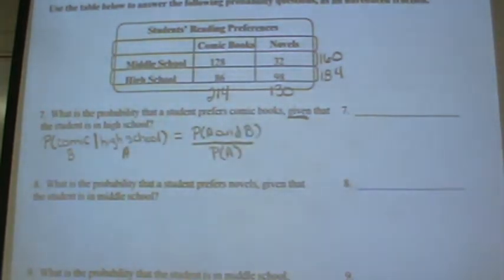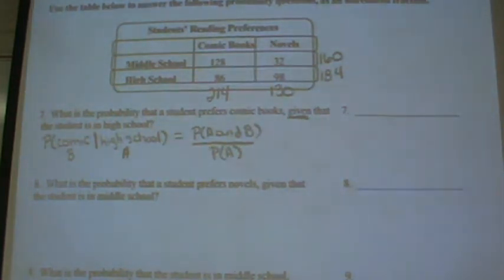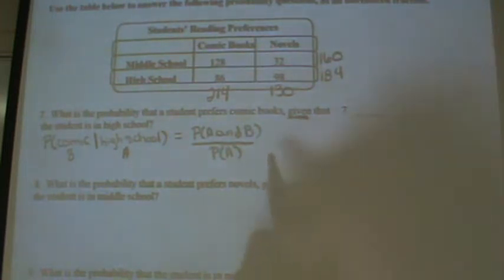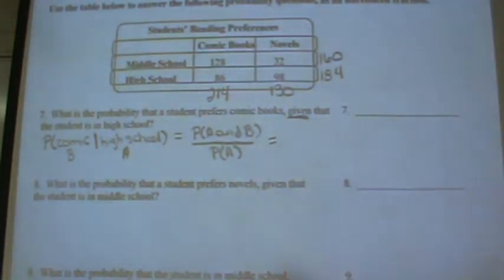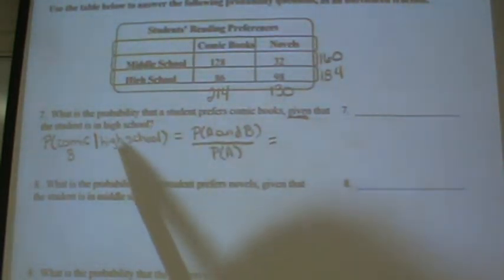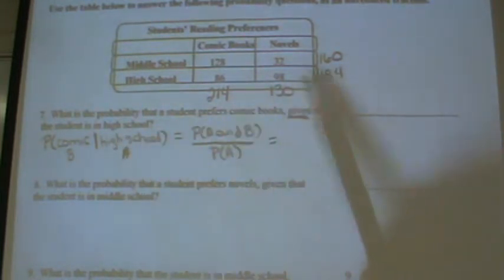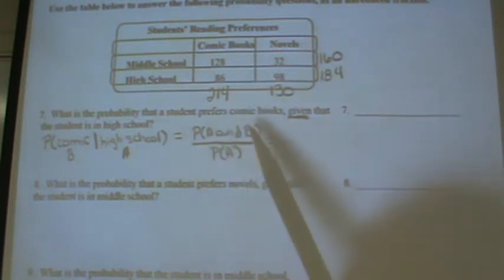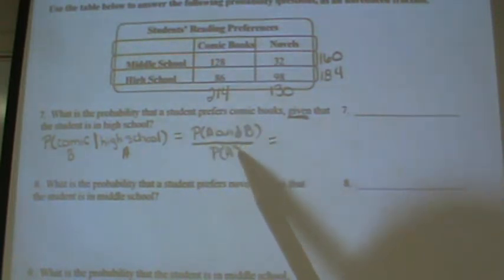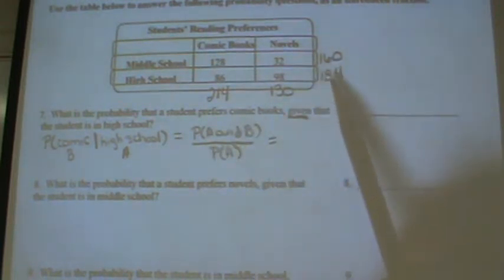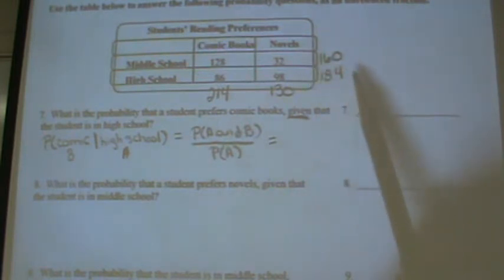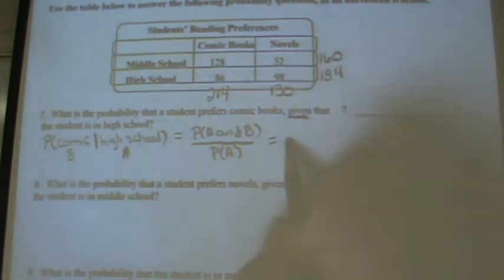Event B is what we're looking for. So, for event A, we're interested in the high schoolers. So we want the total number of high schoolers, because remember we have part over the whole. So we have 184 high schoolers. So our bottom number is going to be 184.